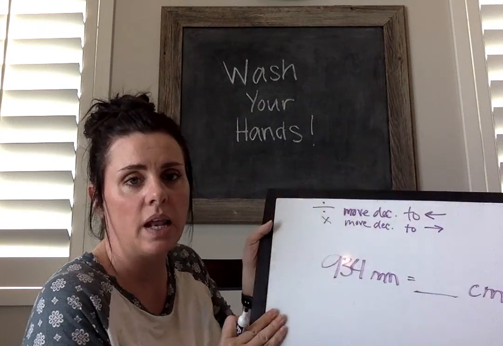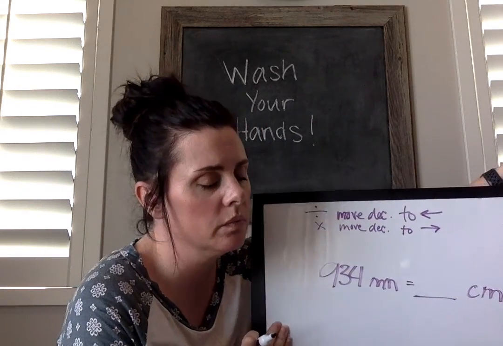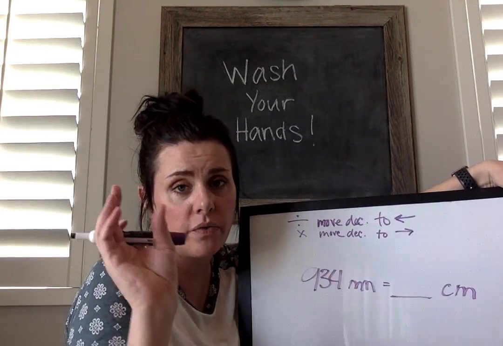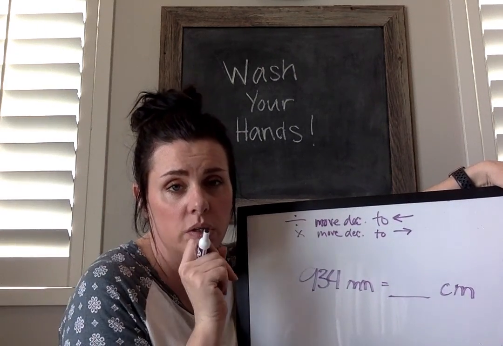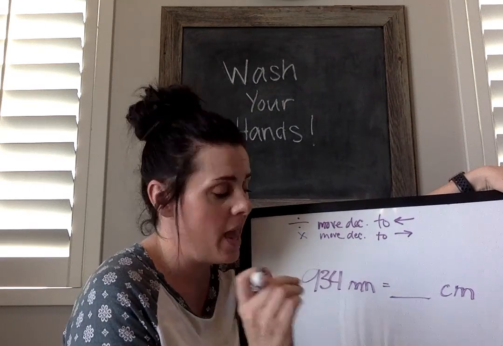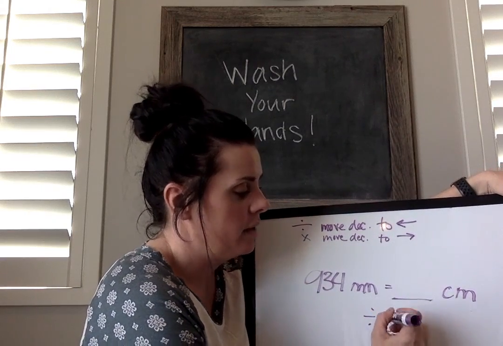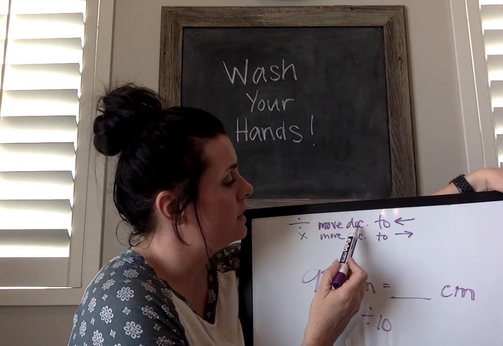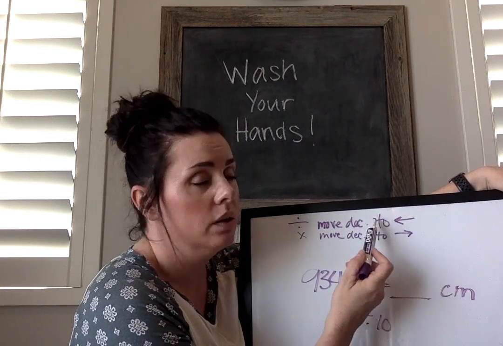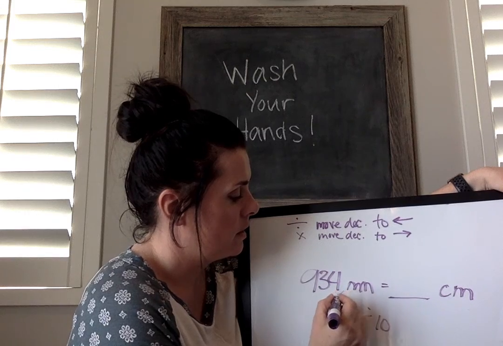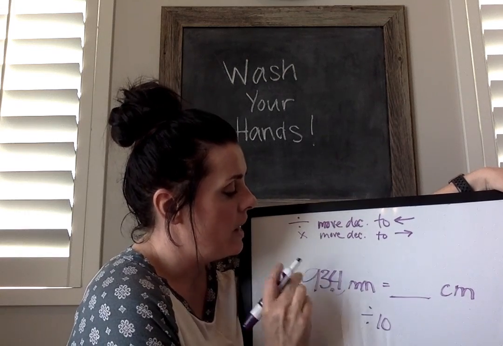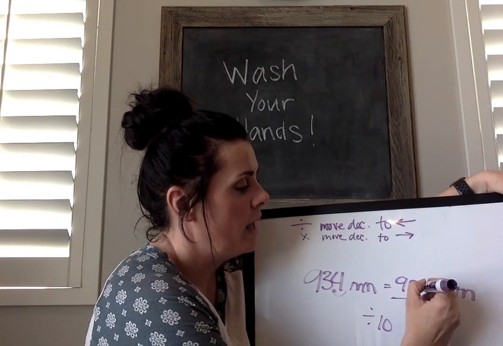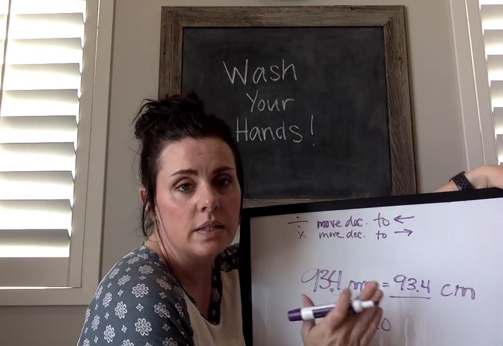Well, we are just moving one spot over in our chart from millimeters to centimeters. So we're dividing by 10, which means we're moving the decimal to the left one spot. So 934 millimeters is the same as 93 4/10 centimeters.